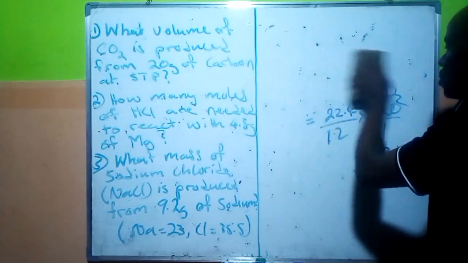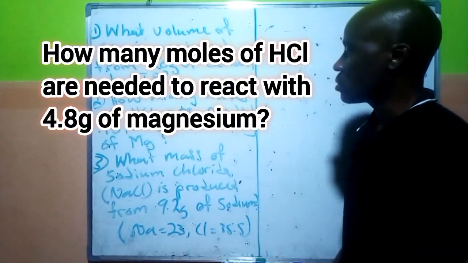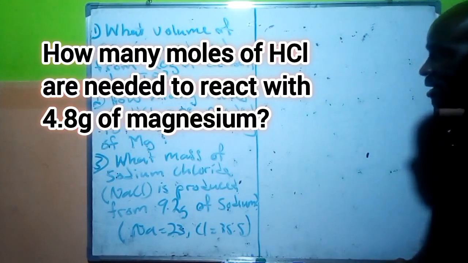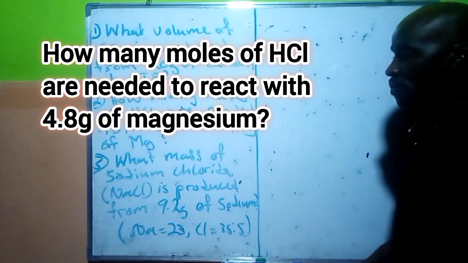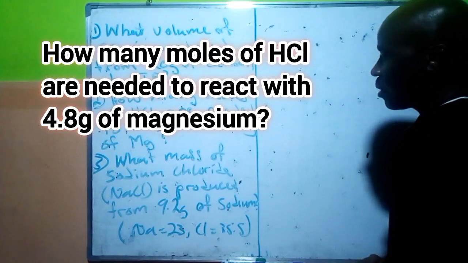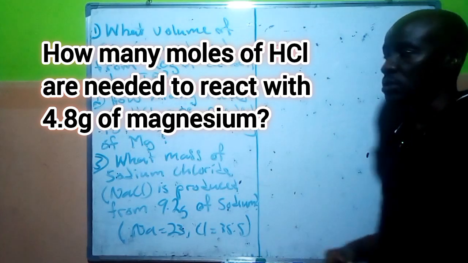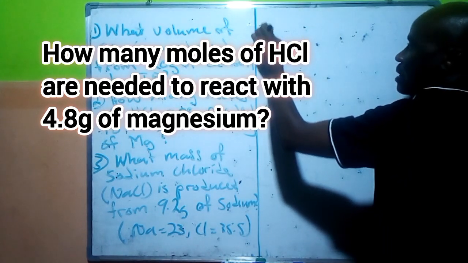The second question said, how many moles of hydrochloric acid are needed to react with 4.8 grams of magnesium? Now we are moving from mass to moles. Like I said before, you need to get a balanced chemical equation.